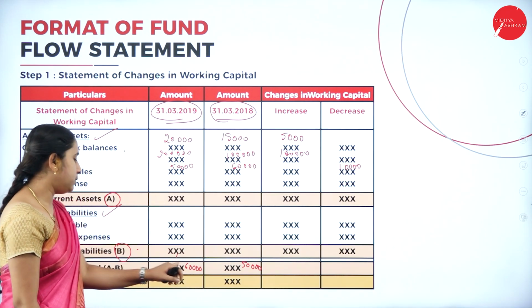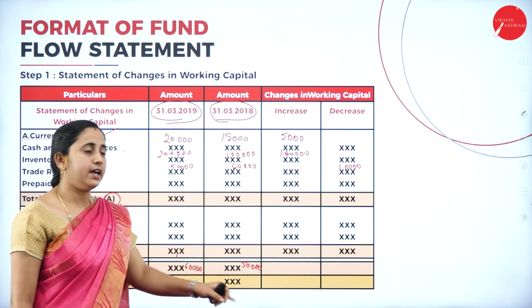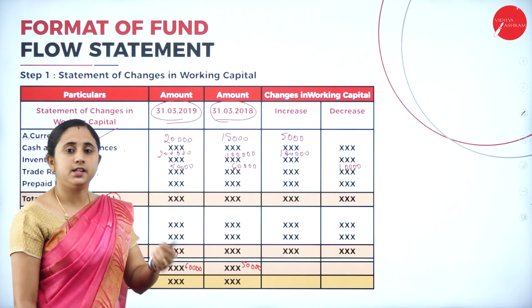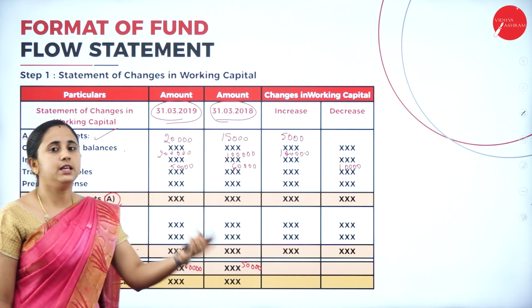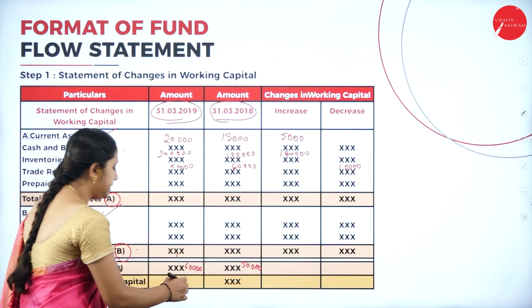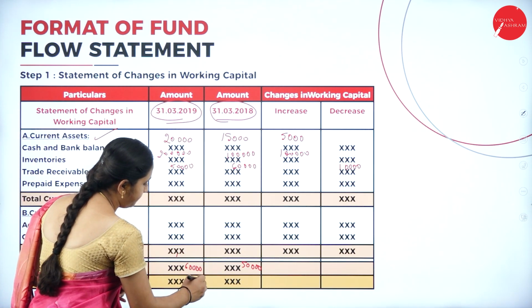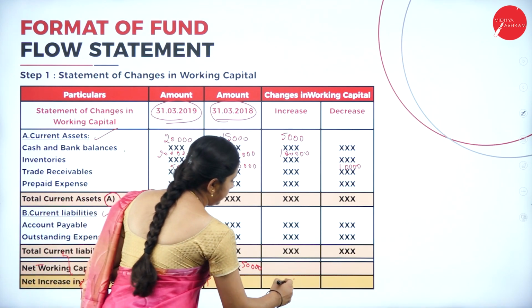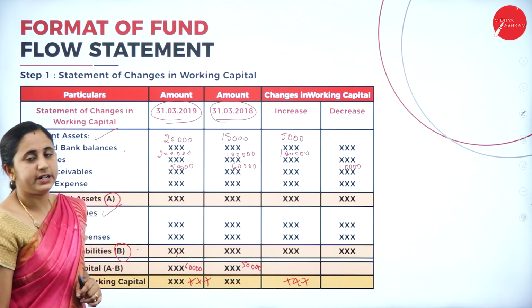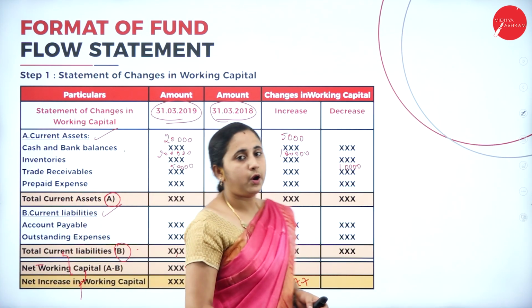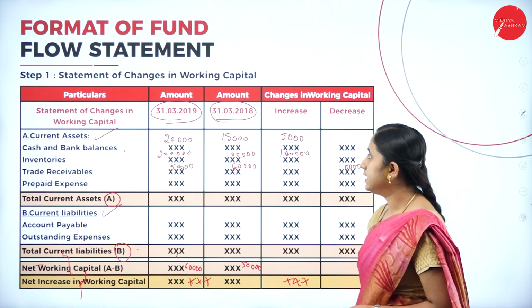If the current year net working capital is more than the previous year, then it is considered as increase in net working capital. If the current year net working capital is less than the previous year, we consider it as a decrease. So write in the increase column, increase in net working capital. So that's all about changes in working capital.